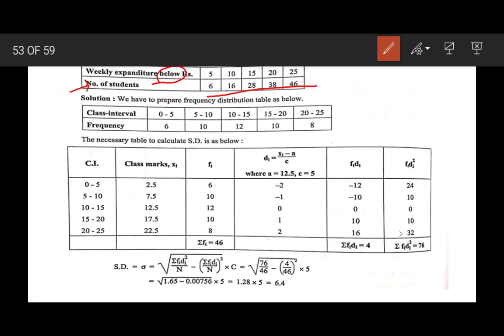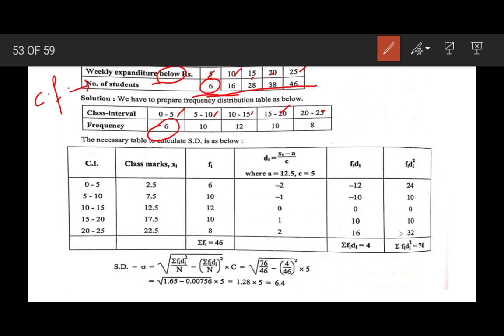Means this is not a frequency, this is what? Cumulative frequency, right? So first we have to find the class intervals. So 0 to 5, then 5 to 10, then 10 to 15, then 15 to 20, and last 20 to 25.